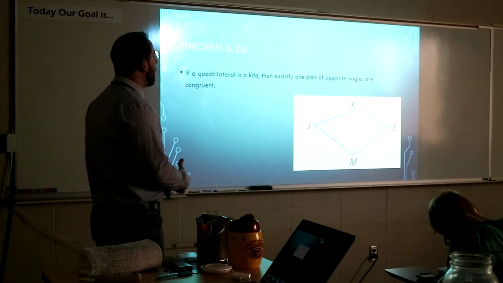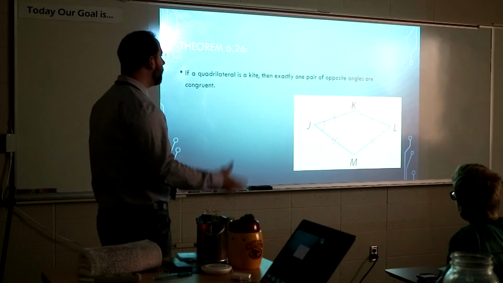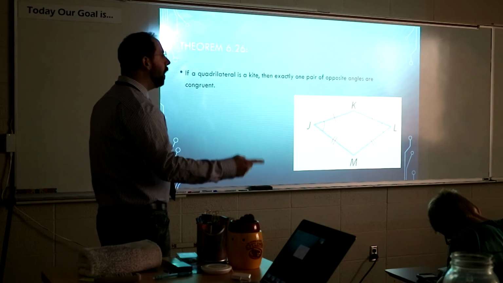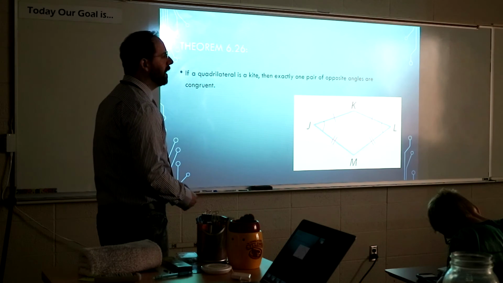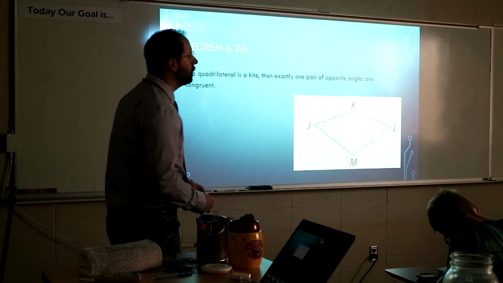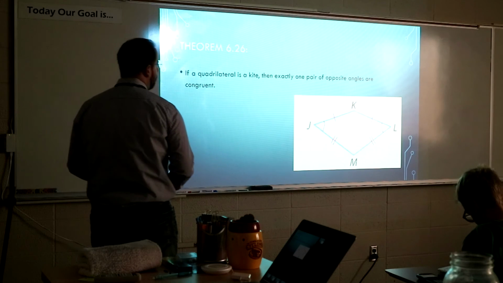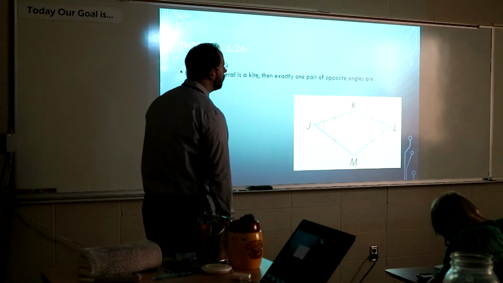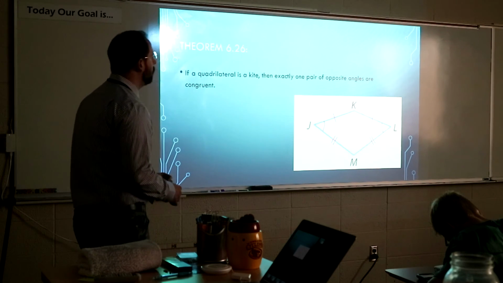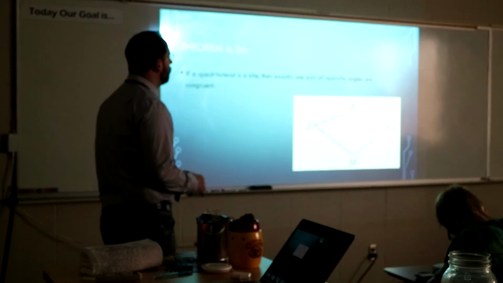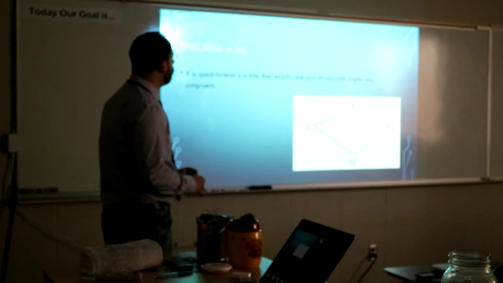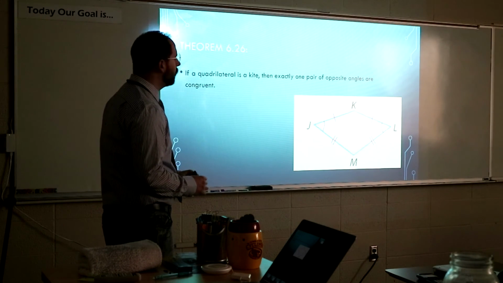Instead of talking about certain angles being equal, they should have said, and this should be a theorem, that on a kite, one of the diagonals is bisected. That would have been a better theorem than this one. One of the diagonals is bisected, cut in half. The other one isn't. But one of the pairs of opposite angles are equal.